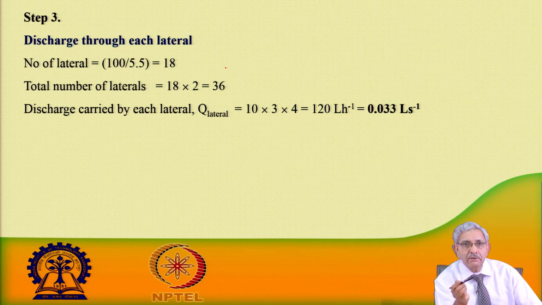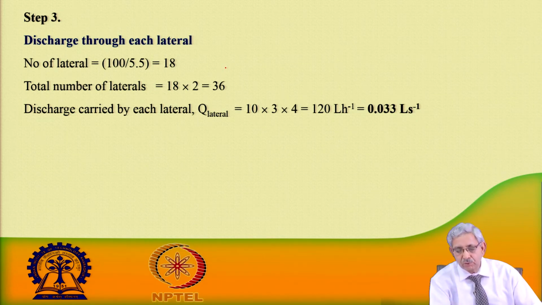So, the discharge carried by each lateral: because there are 3 emitters of 4 liter per hour given to each plant, and there are 10 plants, the discharge carried by each lateral is 10 into 12, that is 120 liter per hour, which is equal to 0.33 liter per second. So, per hour is changed to per second.